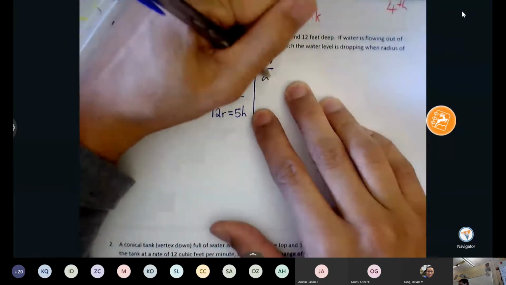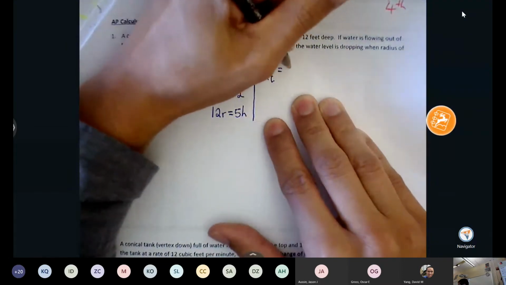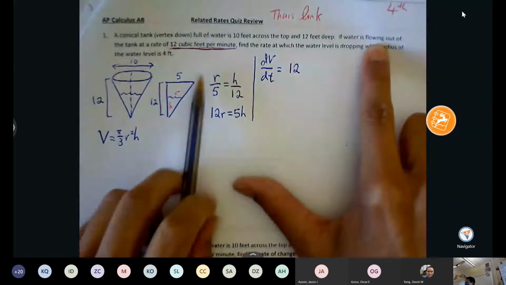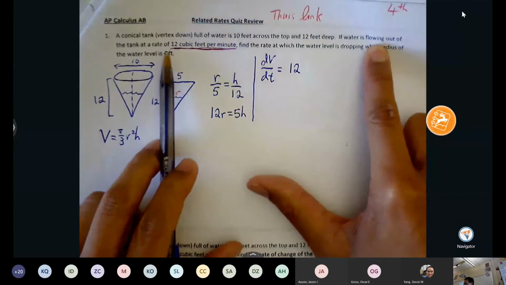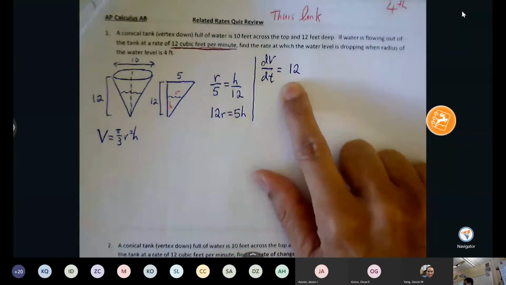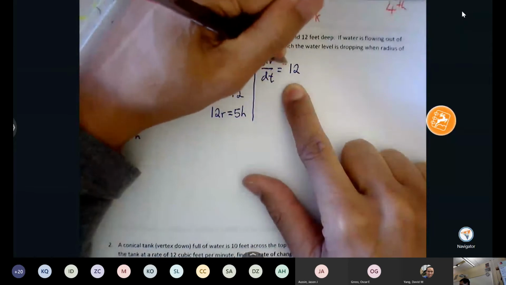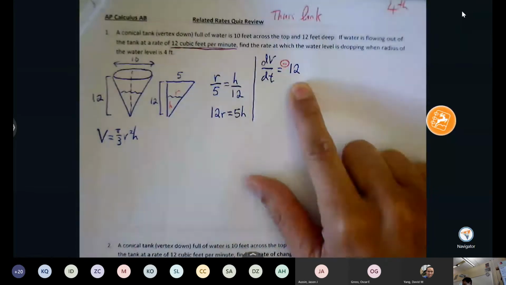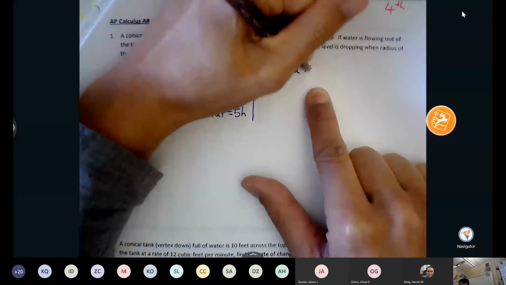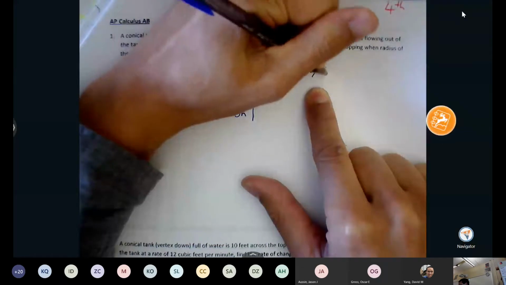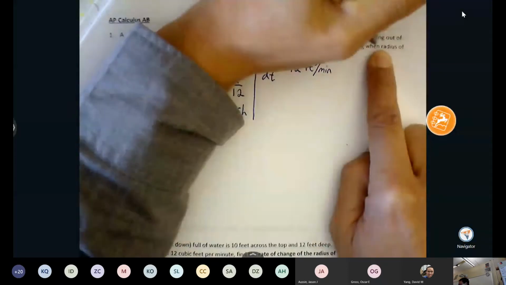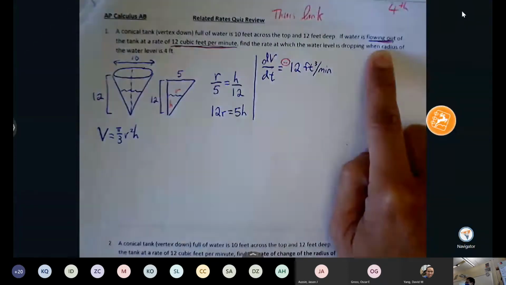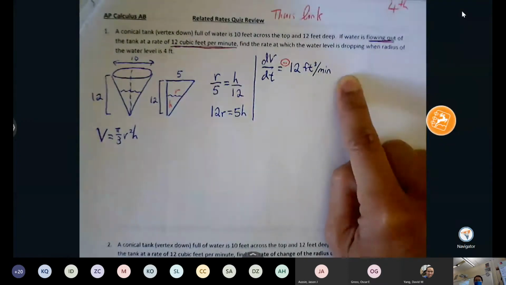And is it just going to be 12, or is there an adjustment we have to make? Yeah, water's flowing out, right? We know the amount of water in the tank is going to be decreasing, so we want our rate to be negative. Flowing out. Good. Any questions?